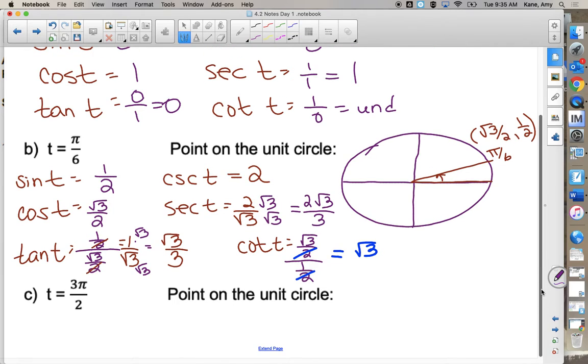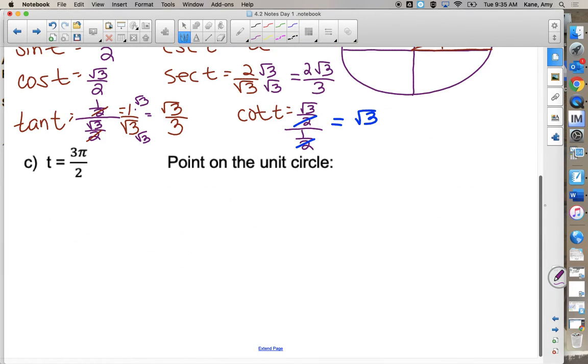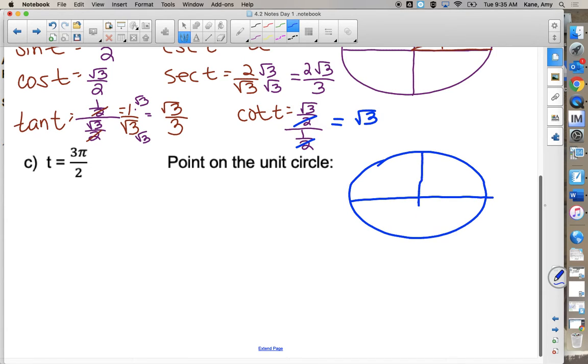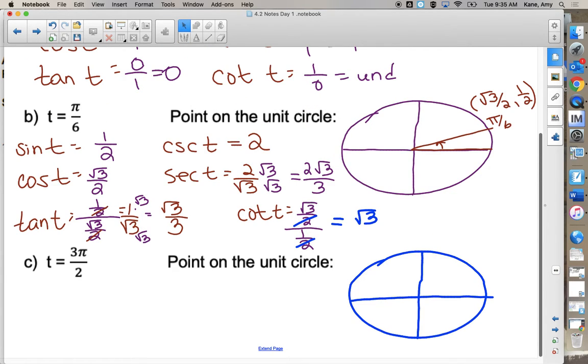So why don't you try 3 pi over 2. Same process, just giving you a different angle to work with. So this is getting you to understand the location of the angle and to start thinking about those points associated with that angle.